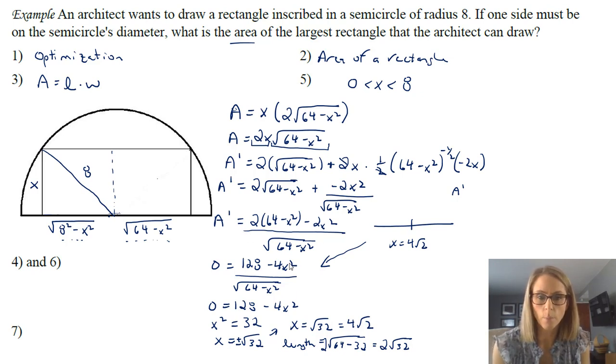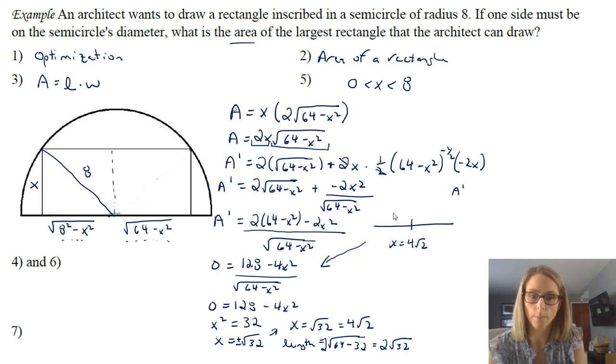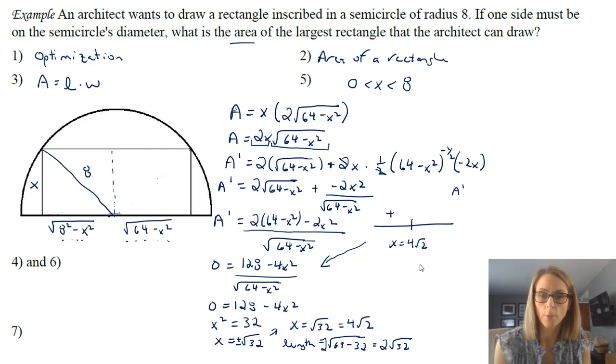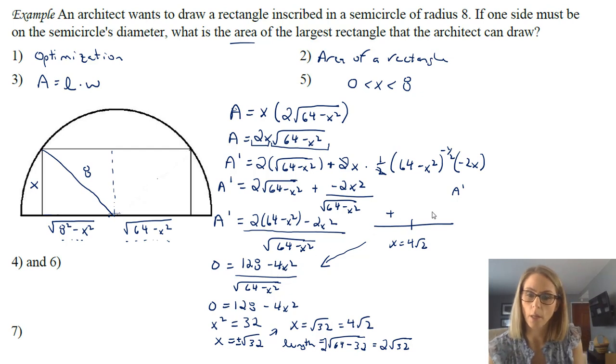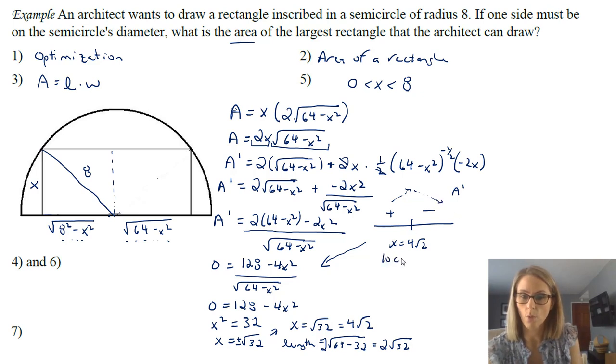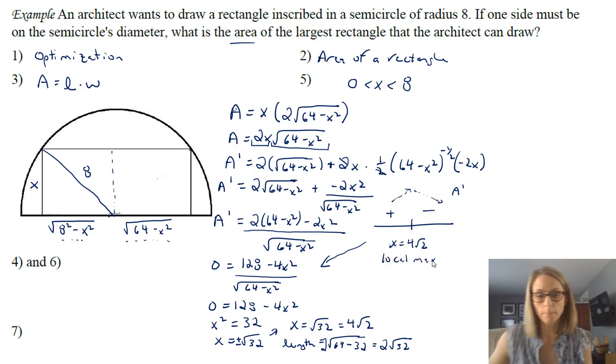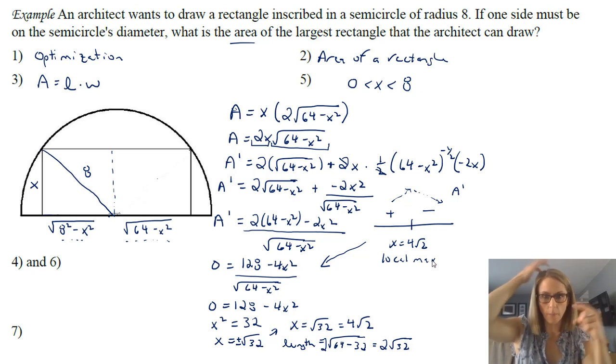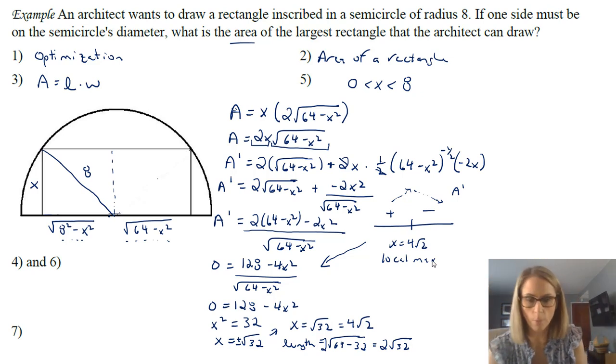Say I put in 2 squared times 4, 128 minus that is going to be a positive number. If I put in something big like 10, if I square 10 and get 100, multiply it by 4, that's 400, so that's going to give me a negative. So that is in fact telling me that I'm maximizing things, that this is a local max for the area. And so that's what's telling me that I'm creating the largest rectangle.